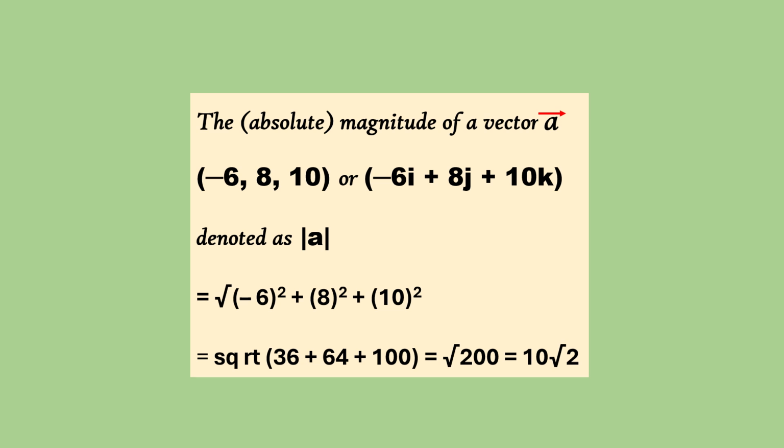Now this is an absolute magnitude, so it does not have i, j or k, or it does not have direction. This is just the absolute magnitude without any direction. So square all the numbers associated with i, j and k, add them and find the square root. So that would be the absolute magnitude of a single vector.